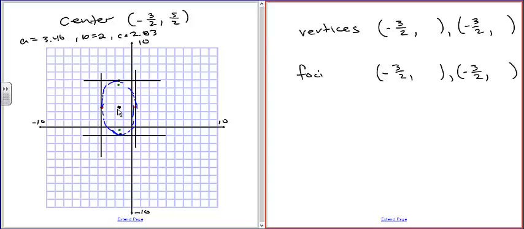Now the vertices, we're going to start here at 5/2. So I'm going to do the calculation here. This is going to be 5/2 plus A, which is 3.46. So 5/2 is 2.5, 2.5 plus 3.46 is 5.96.